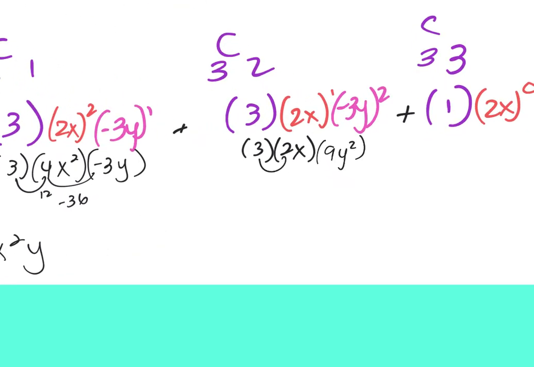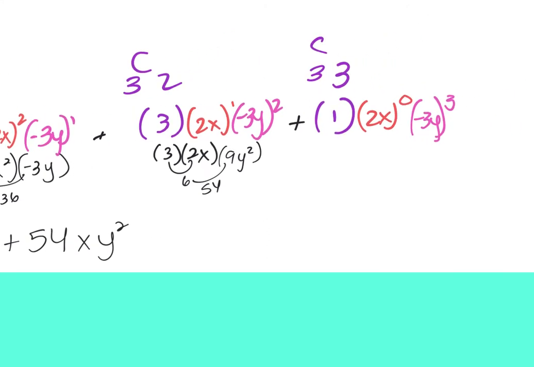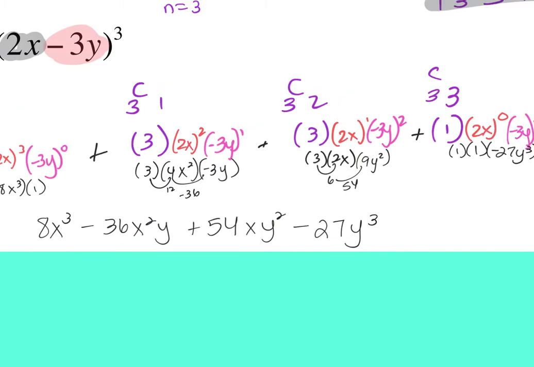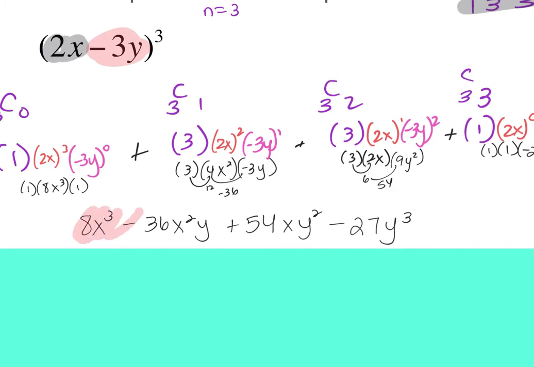Again, multiply out the numbers. So 6 times 9, that's 54, and it's positive. X to the first, y to the second, and then 1 times negative 27, y to the third, which is minus 27, y to the third. So there's your expanded binomial.